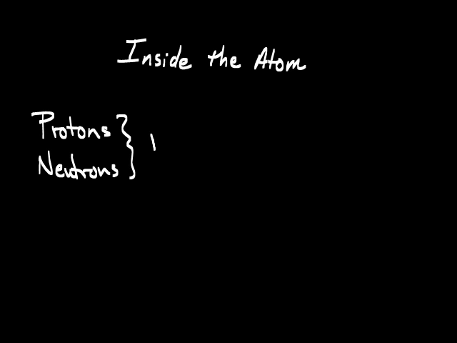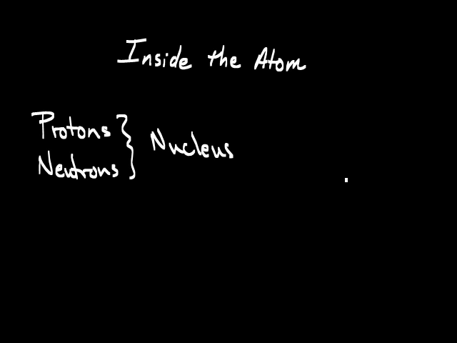Okay, this is a follow-up to our lesson on the overall structure of the atom and talking about protons, neutrons, and electrons. So just a quick recap on that. Protons and neutrons are found within the nucleus.